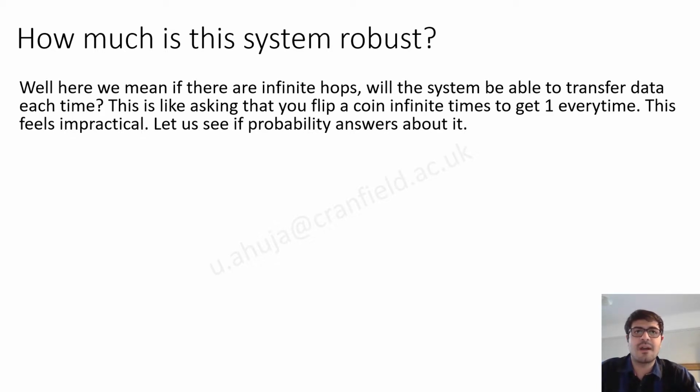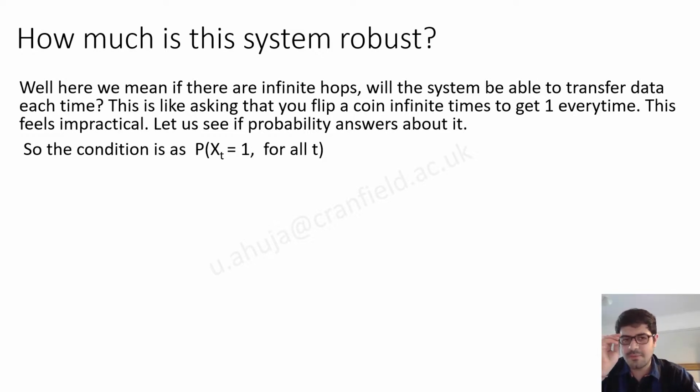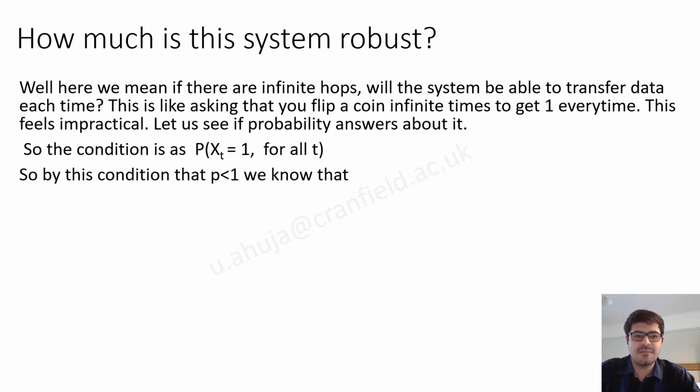We also want to ask what happens to the system if we increase the number of hops. So the condition is P(X_t = 1 for all t). We are saying that the probability that communication is a success equals 1, for all values of t, for all the different cases. We want to check this condition. Given that p is less than 1, the probability is always less than 1.